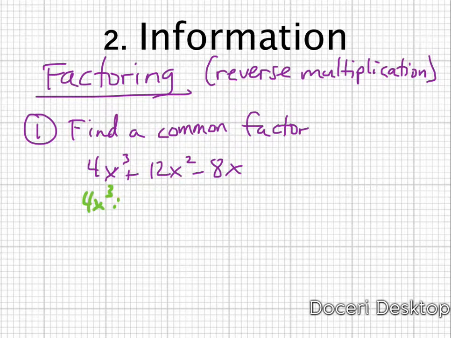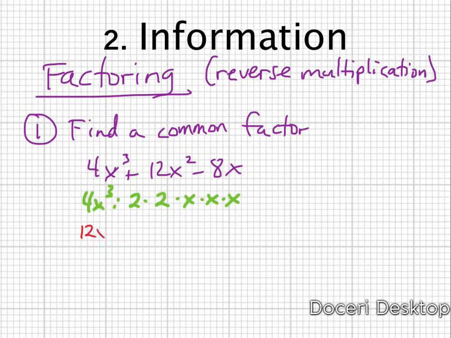How do I get 4? Well, that's 2 times 2. And how do I get x cubed? That's x times x times x. So 4x cubed is 2 times 2 times x times x times x.